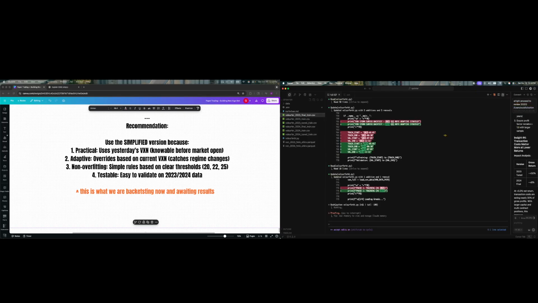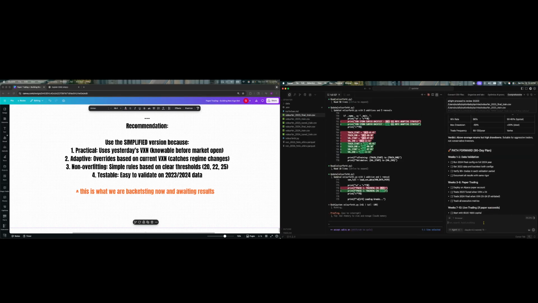All right. Review and check the updates we have made here. We added our own version of the adaptive entry, and let's discuss.